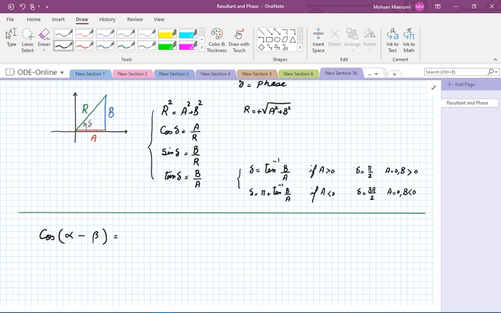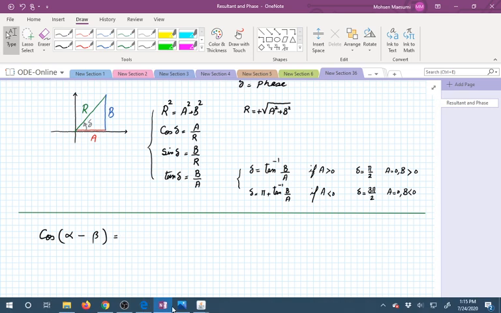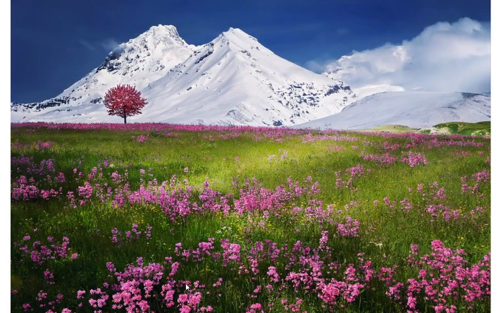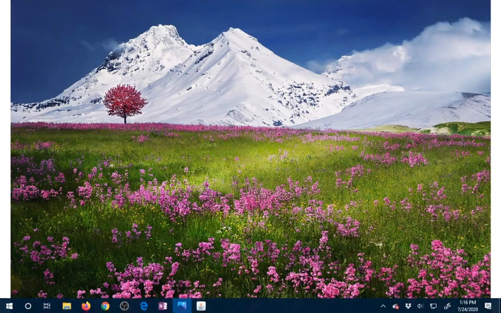But anyway, cosine of alpha minus beta. Let me pause for a second, and see if you can reach a conclusion as to what that was. Try to remember that formula. They all sound like each other, and of course, it's hard to memorize them unless you use them on a repeated basis.